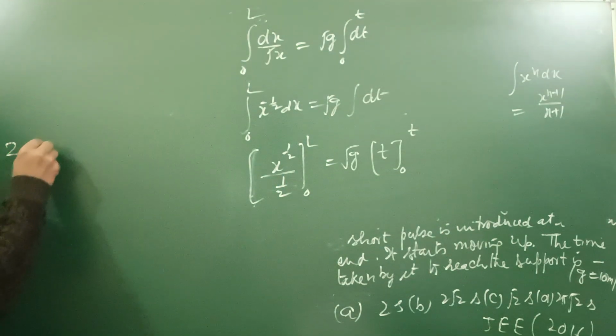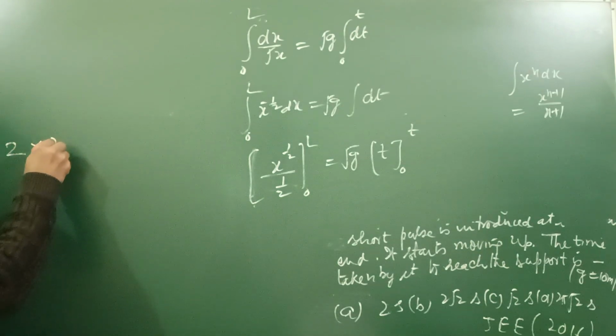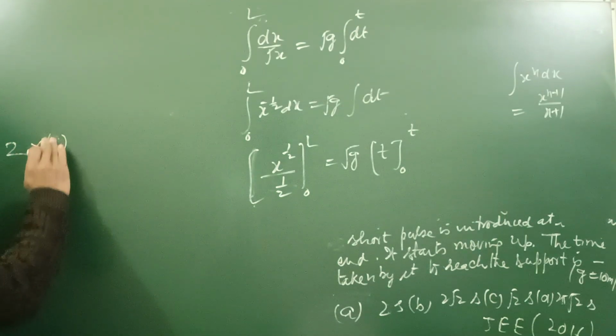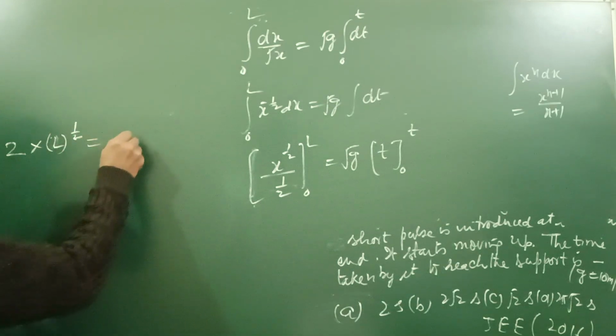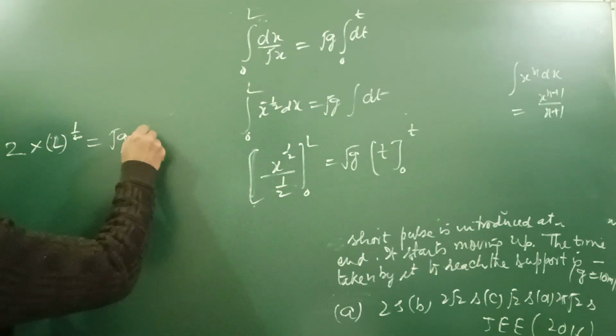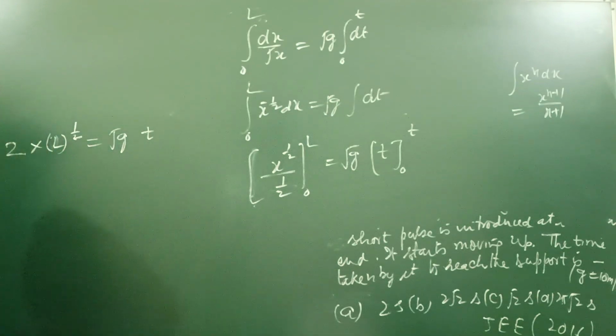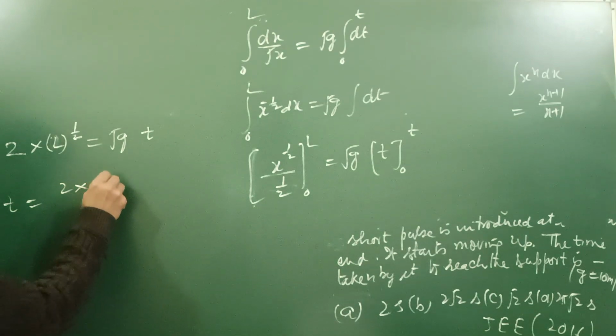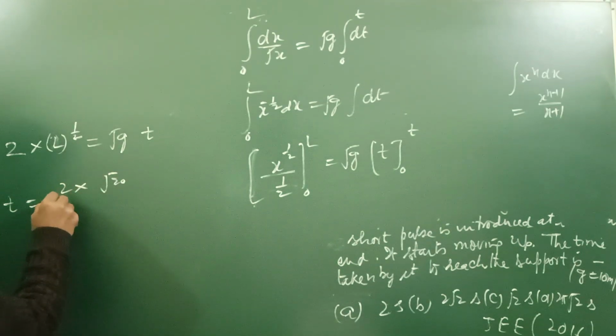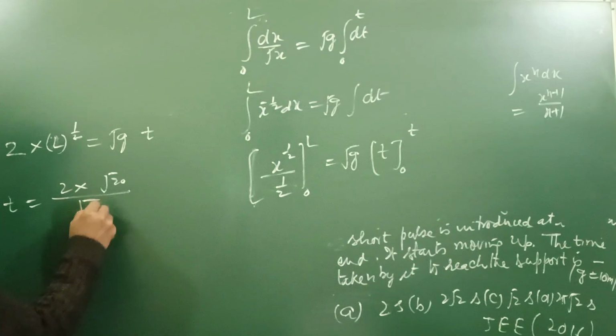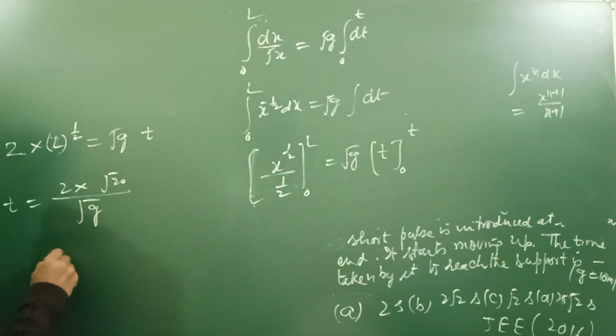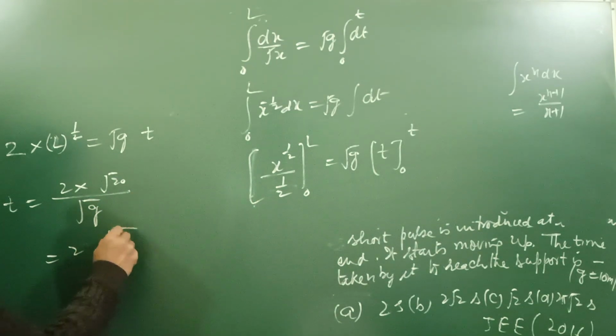So 2 into x to the power n to the power half is equal to g under root t. L is 20. So t equal to 2 into root 20 upon under root g. Under root g is 10, root 20.